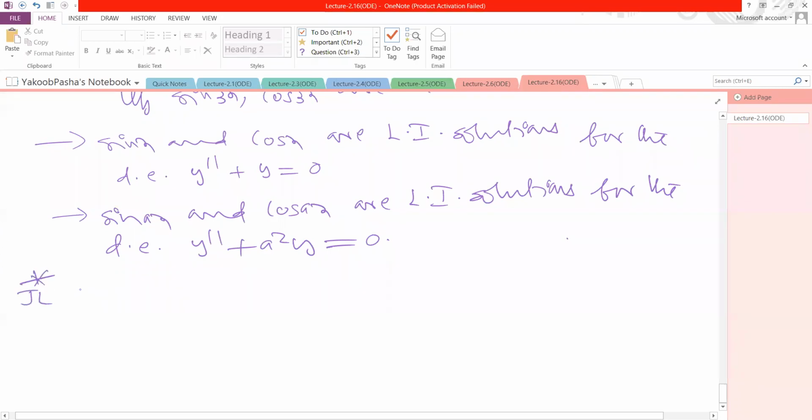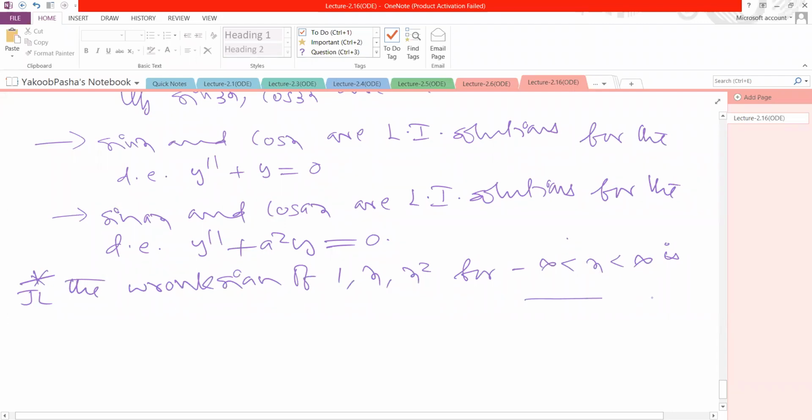It is from JL. The Wronskian of 1 comma x comma x square for minus infinity less than x less than infinity. That means x is any real number, the complete real line from minus infinity to plus infinity.